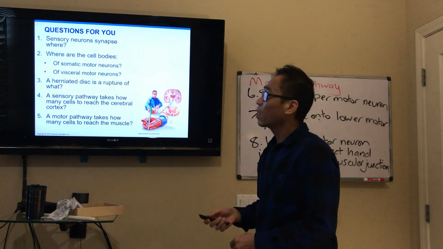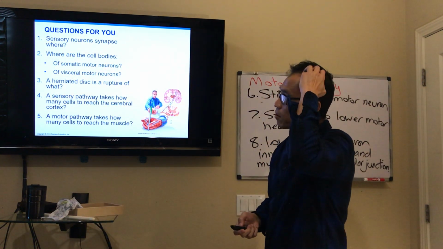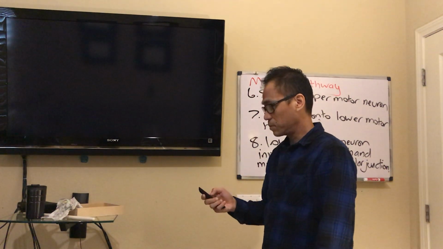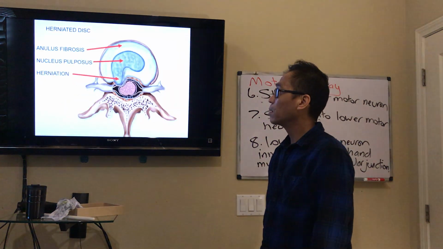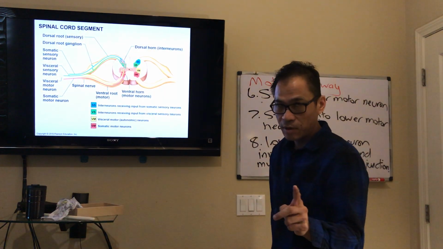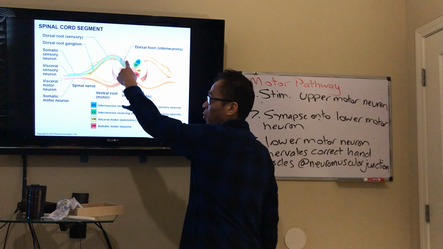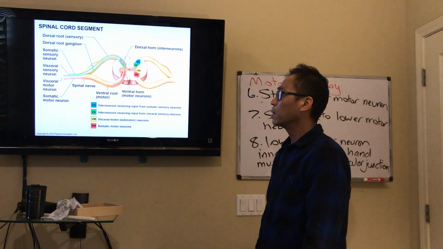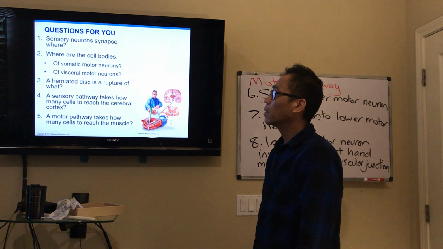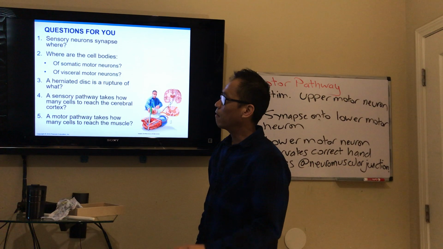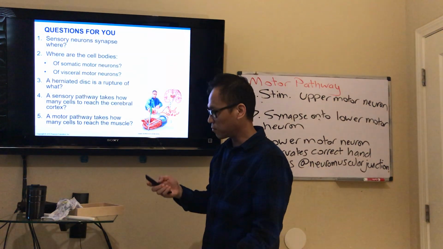Number 1, where do sensory neurons synapse? I was thinking of this picture. Oops, not that picture. Run it back a few slides, right here. Sensory neurons synapse in the dorsal horn. So the answer to number 1 is dorsal horn. Number 2, where are the cell bodies of somatic motor neurons and of visceral motor neurons?